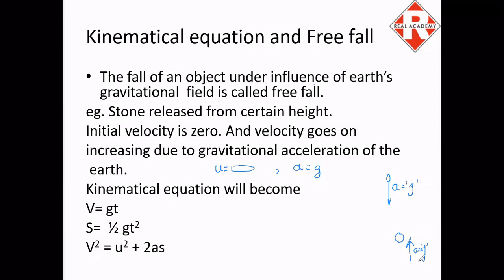Now, the next thing that they have given is the kinematical equations. It is already done in 9th standard. So what are the three kinematical equations that you have? Let's first write down the three kinematical equations. The first is v is equals to u plus at.